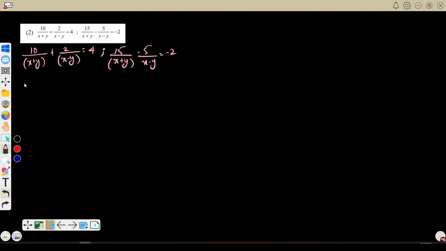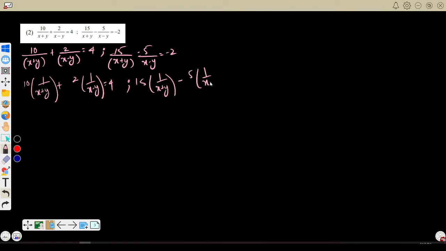The same equation can be written as 10 multiplied with 1 upon x plus y plus 2 multiplied with 1 upon x minus y is equal to 4, and the second equation can be written as 15 multiplied with 1 upon x plus y minus 5 multiplied with 1 upon x minus y is equal to minus 2.